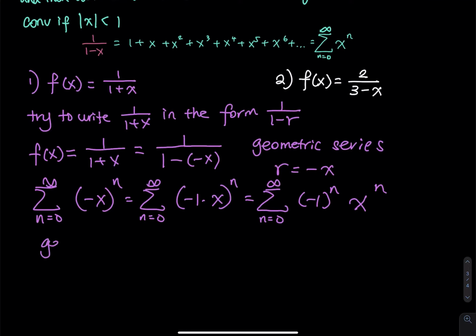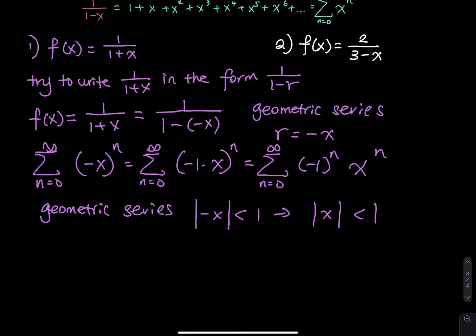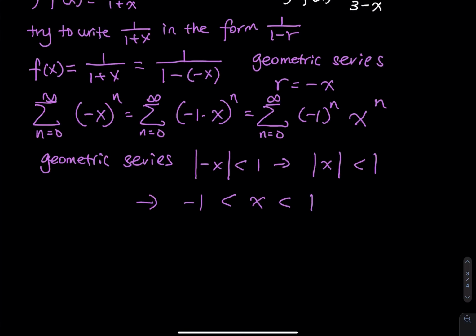To make the geometric series convergent, we have to make the absolute value of the common ratio less than 1. That is just the absolute value of x less than 1, and the absolute value of x less than 1 is the same thing as x is between 1 and negative 1, and then the interval of convergence is this.